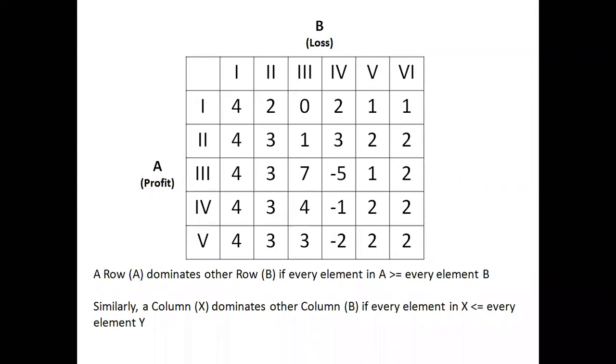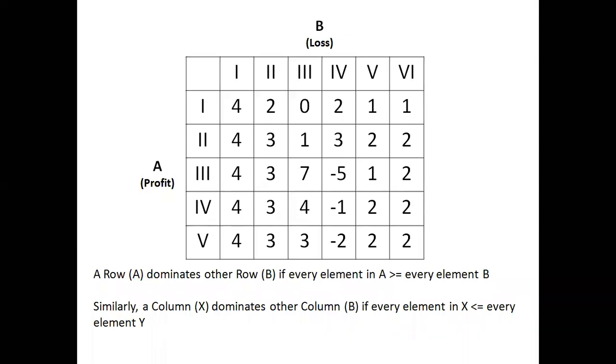Similarly, a column X dominates another column Y if every element in X is less than or equal to every element in Y. Now if you distinguish between rows and columns, rows are the entities which increase your profit.